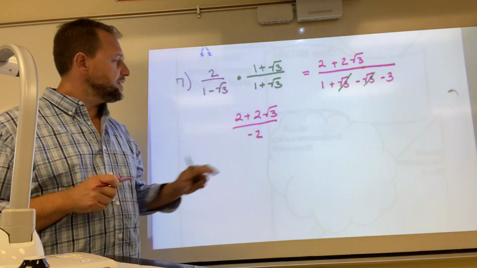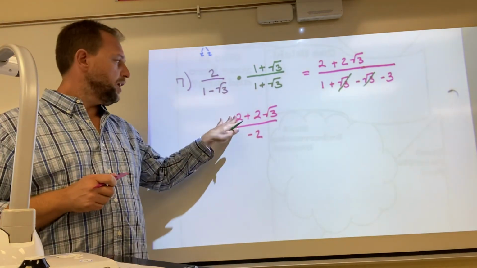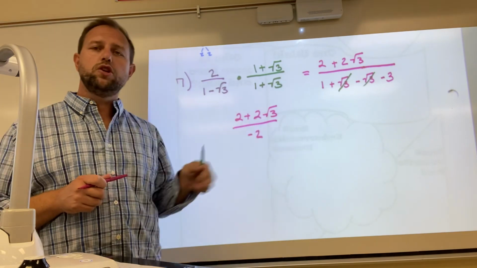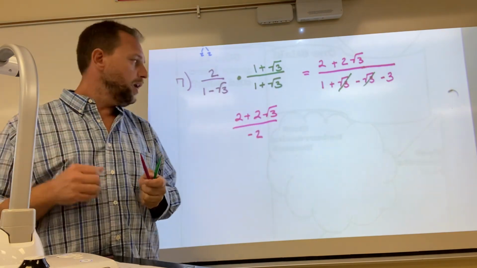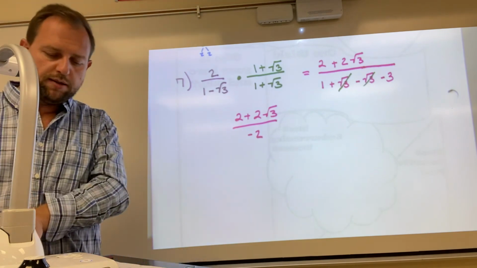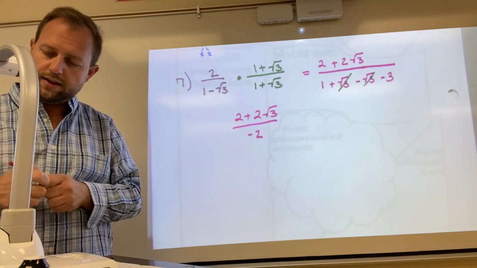And in this case, that can be simplified. We have a 2, a 2, a 2. We can go through and split this up into parts and simplify it.